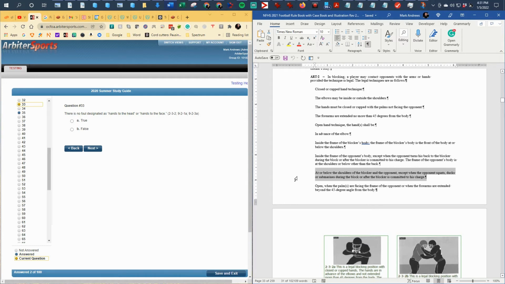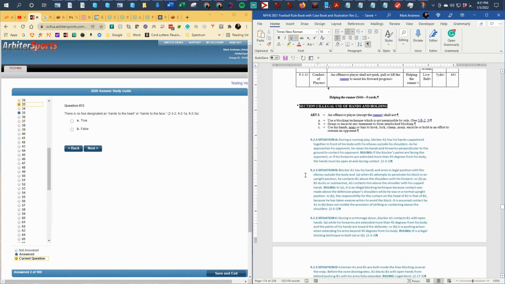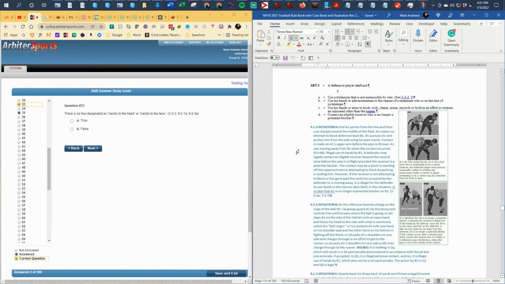And if we go back to 9-2-3, let's see if I can get back there. Okay, so this defensive player shall not use a technique that is not permissible by rule. And again, 2-3-2. Okay.